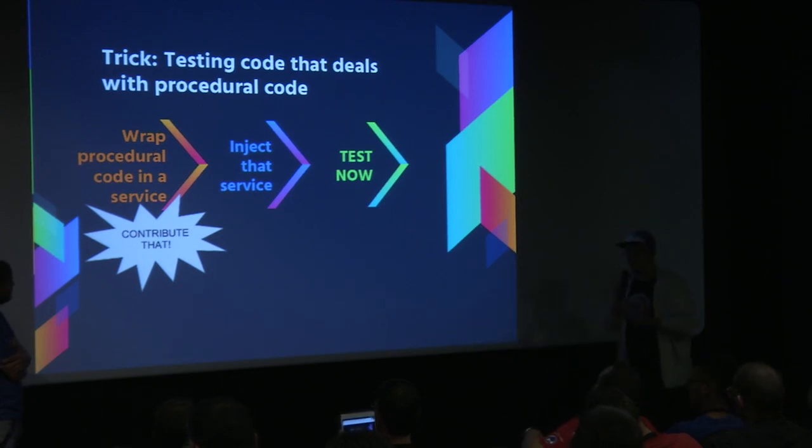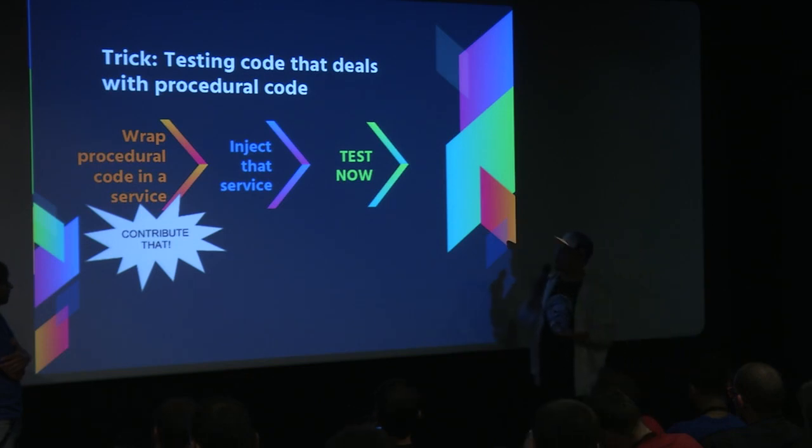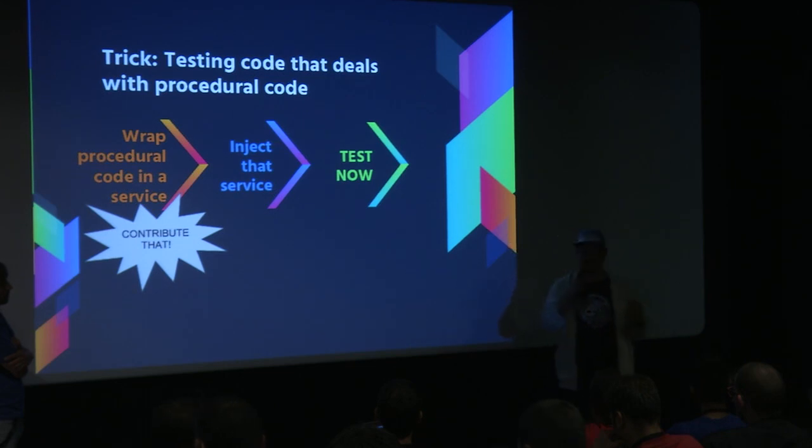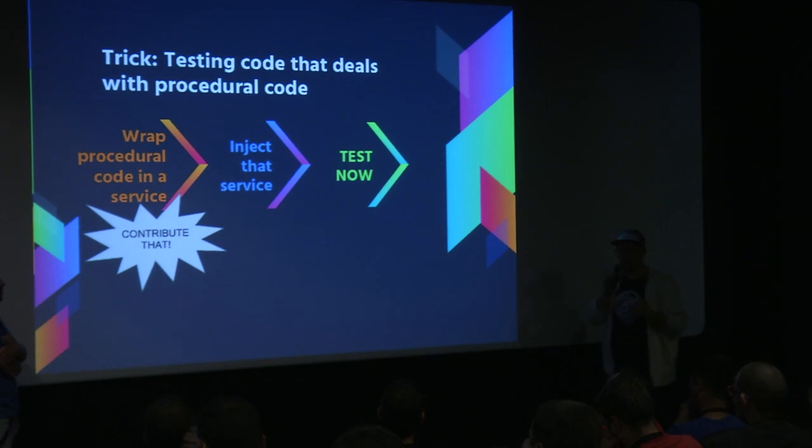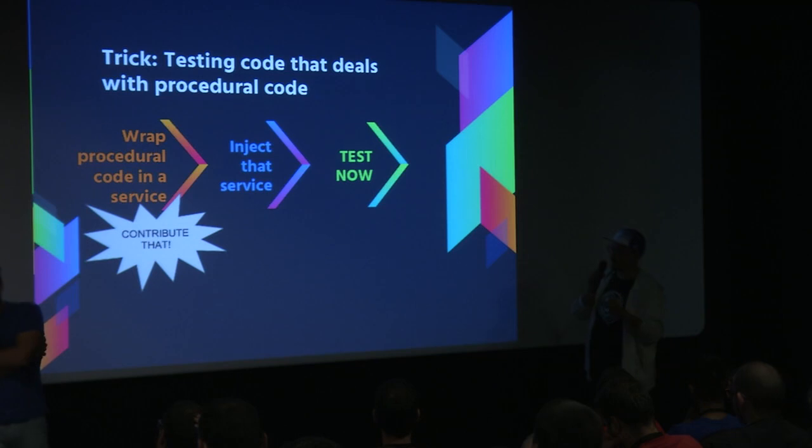So if you are creating a contrib module or your custom modules, and you need to call those methods, as Mateu said, if you are using only one of those, you cannot unit test your class. One way you can solve that is to create a service in your module that calls this Drupal core functional method, inject that service into your class, and then you can mock that one, and you can create unit tests. And if you do that, you probably want to contribute it to Drupal core for making it better for other people.